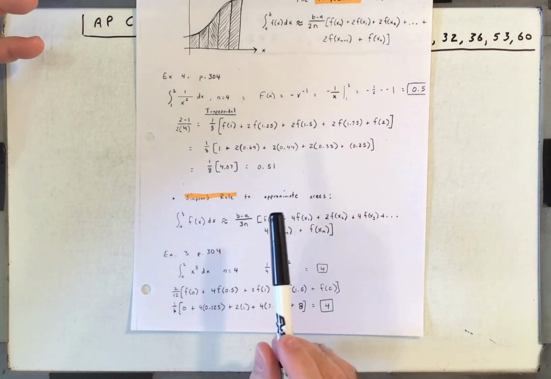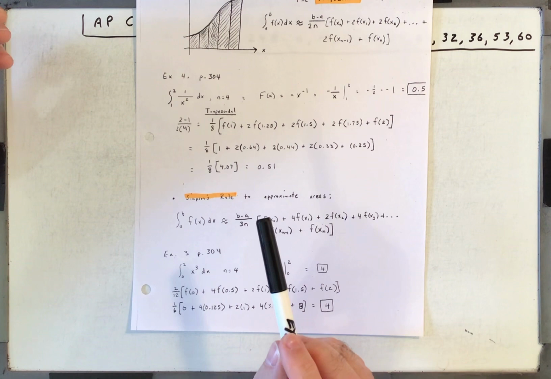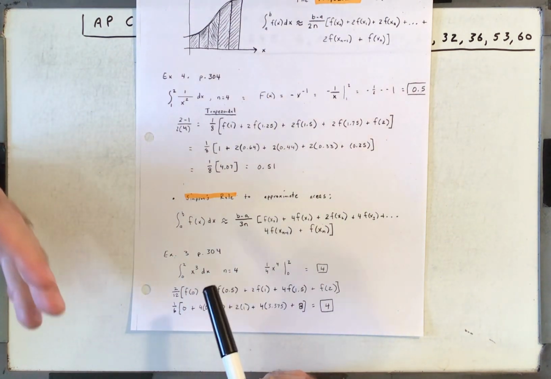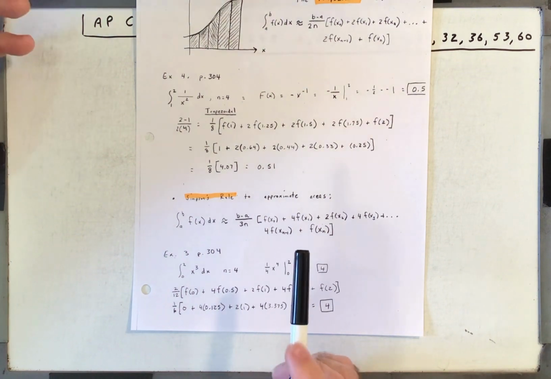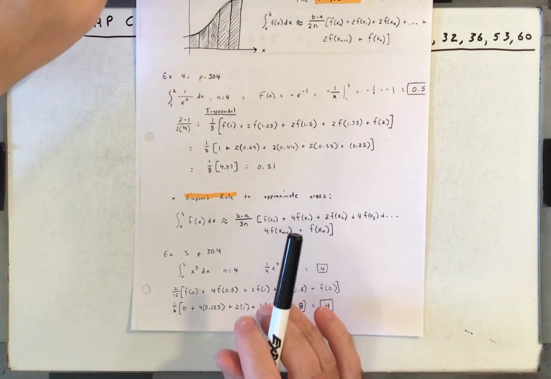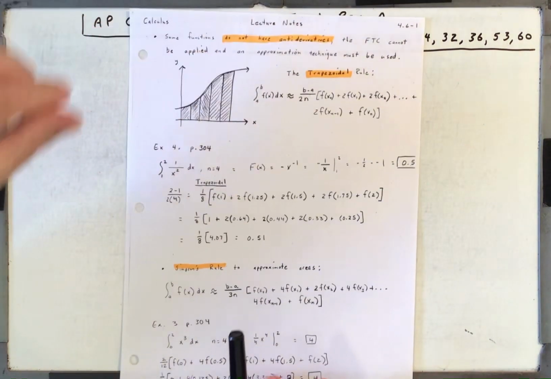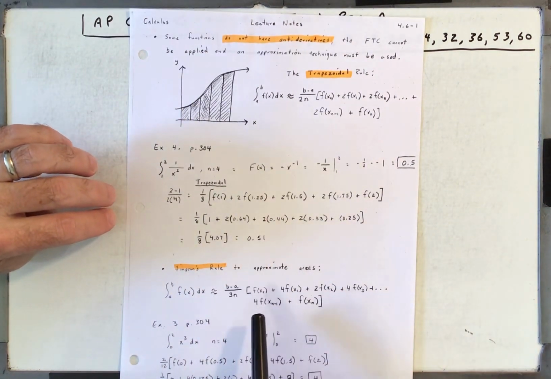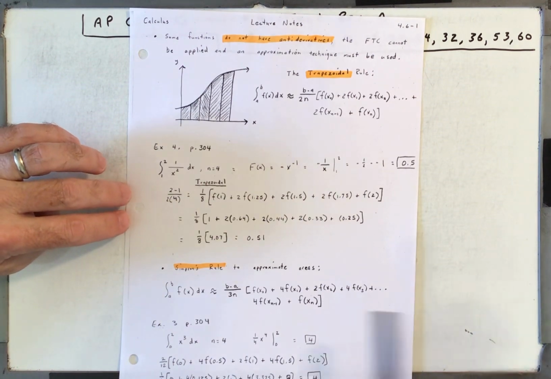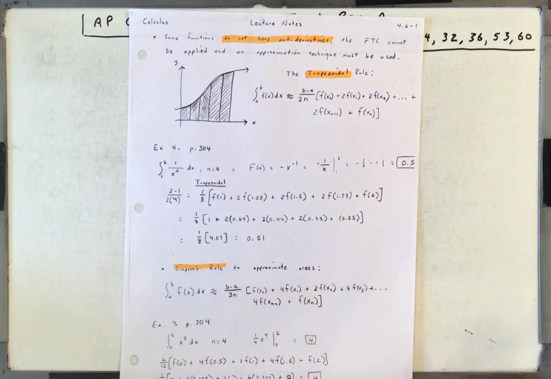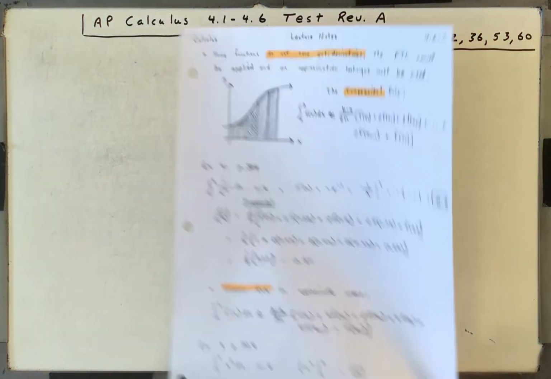It is to estimate the area under a curve when the fundamental theorem of calculus can't be used. So you can't integrate. These are two formulas using trapezoids and using this formula that can give you a really close estimate of the area under the curve.